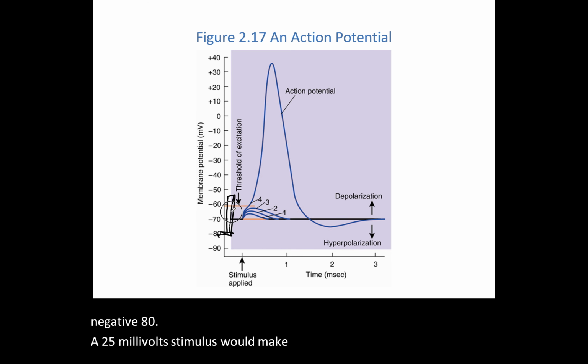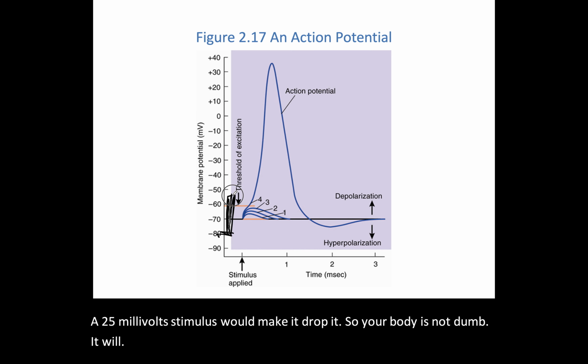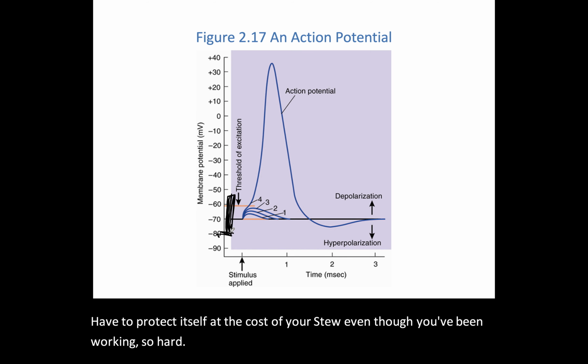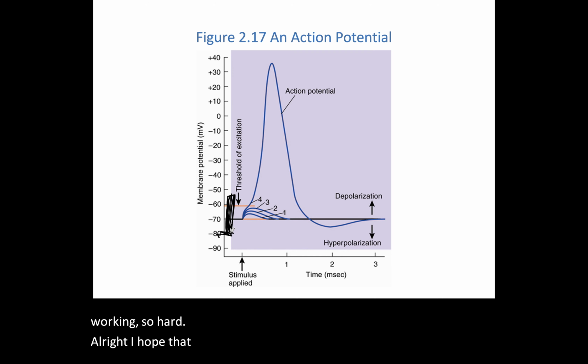So your body's not dumb. It will have to protect itself at the cost of your stew, even though you've been working so hard. All right, I hope that all made sense and my drawings weren't too silly, but I can't help it.